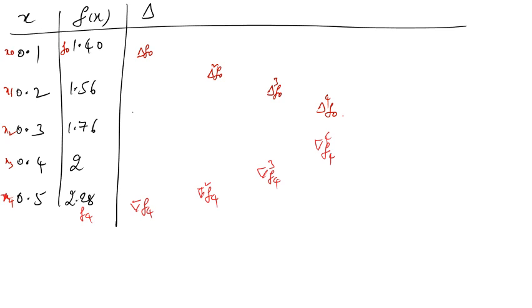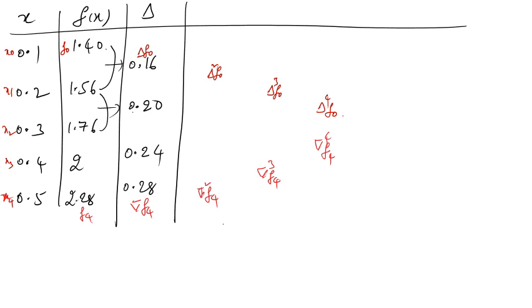Now the first differences: one can use the same notations for the forward or backward table. This is this minus this, 1.56 minus 1.40, which is 0.16, then 1.76 minus 1.56, which is 0.20, then 2 minus 1.76, 0.24, and 2.28 minus 2, 0.28. These are the first differences.